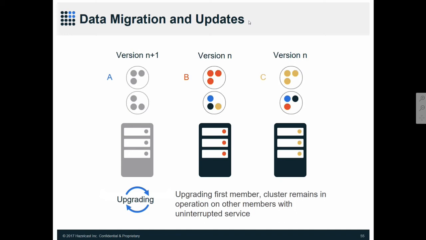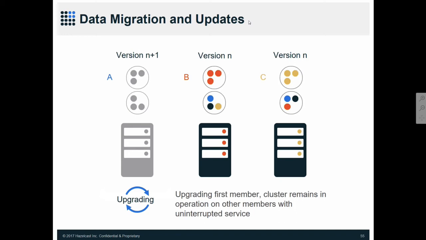The important bit here is to make sure, so Hazelcast has some health checking, and we're coming to that a little bit later, that the cluster status or the cluster health is always healthy, because otherwise you definitely will lose information.